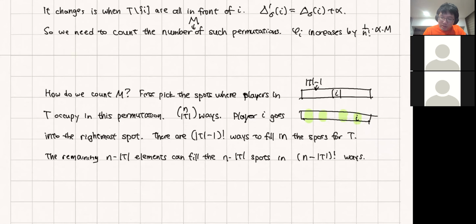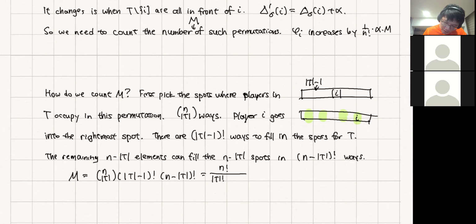All right. So our value m, the number of permutations where I is the last one in T, is n choose T times T minus 1 factorial times n minus T factorial. This is where a little bit of combinatorics from before might help. n choose T is n factorial over T factorial times n minus T factorial.